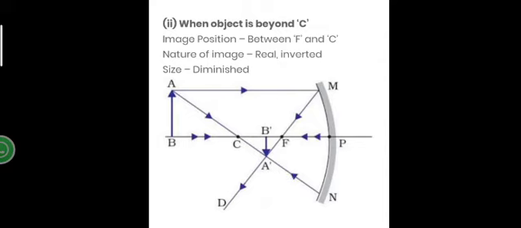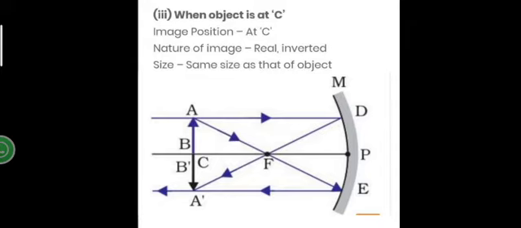So these again meet at a point, so the image will be formed. And where is the image? Between F and C. And nature: rays actually meet, so real and inverted. And the size compared to the object is small, so that is diminished.